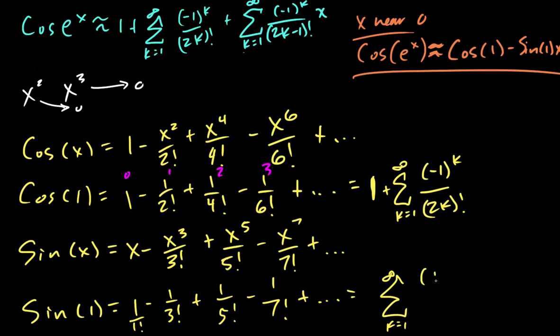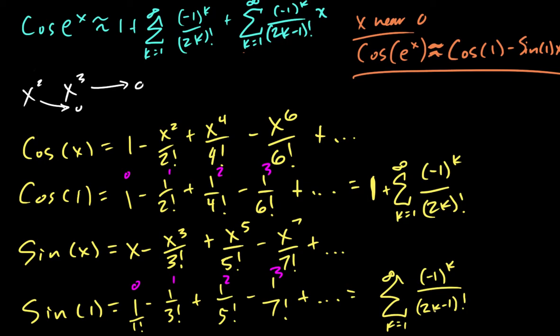And so we're going to do this thing where we flip the signs. And then on the bottom, we just want, once again, 0, 1, 2, 3. So we want to plug something in that will give us an odd number every time. And that's going to be 2k minus 1.